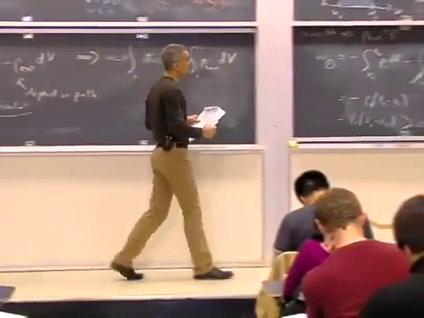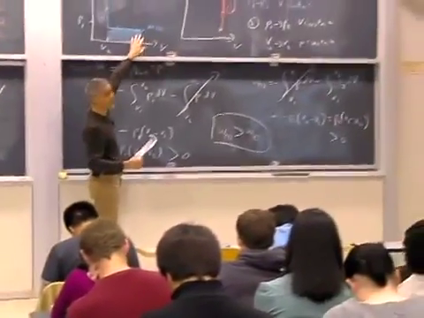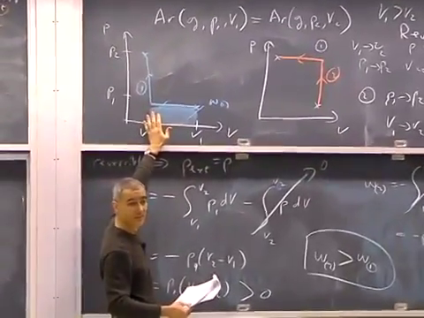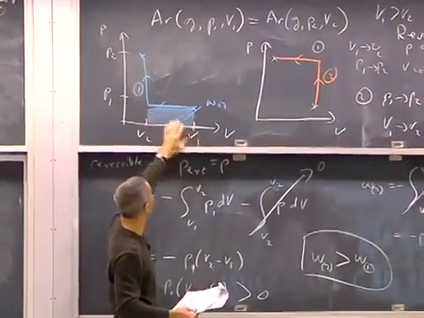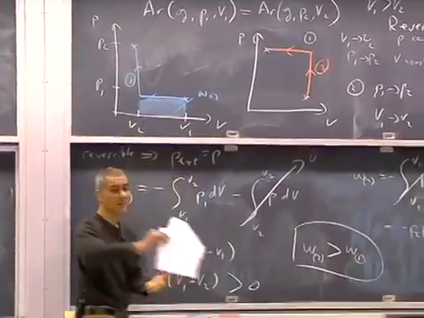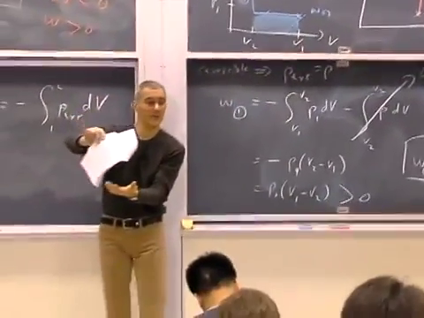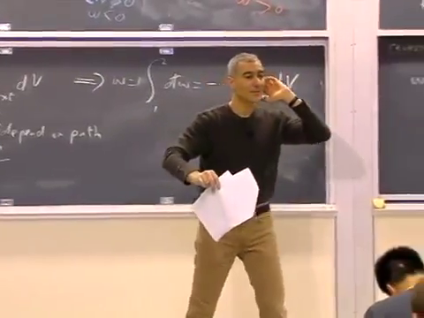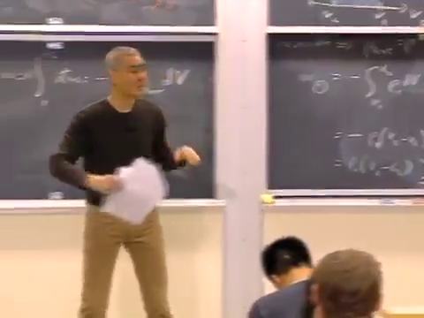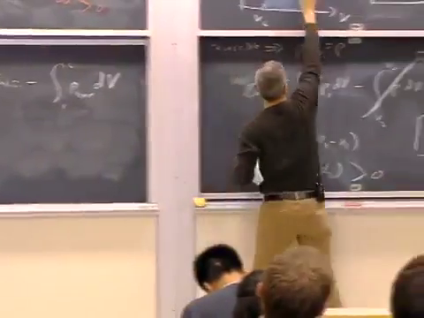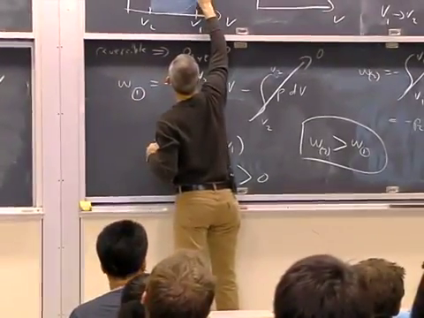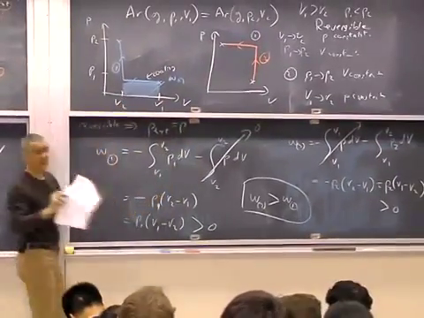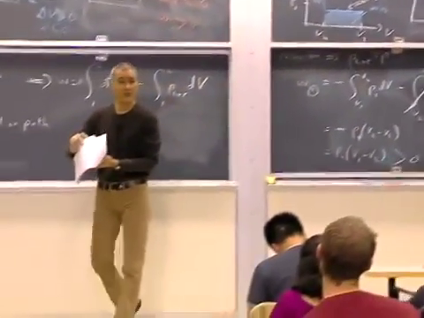All right. How do I, practically speaking, how do I do this? Anybody have an idea? How do I keep P1 constant while I'm lowering the volume? Change the temperature, right. So what I'm doing here is I'm cooling. And then when I'm sitting at a fixed volume and I'm increasing the pressure, what am I doing?